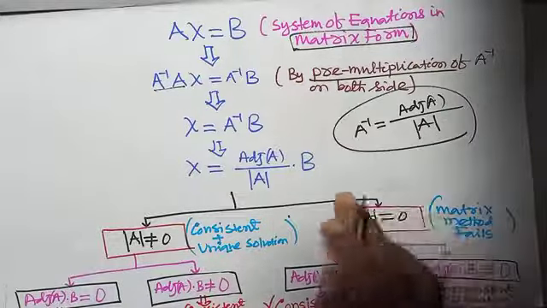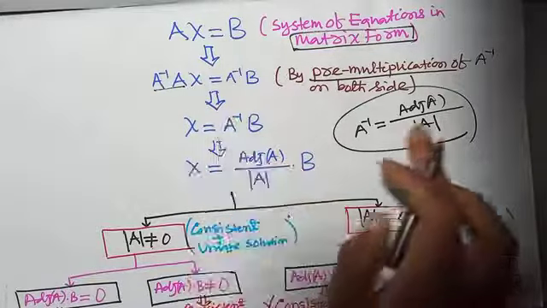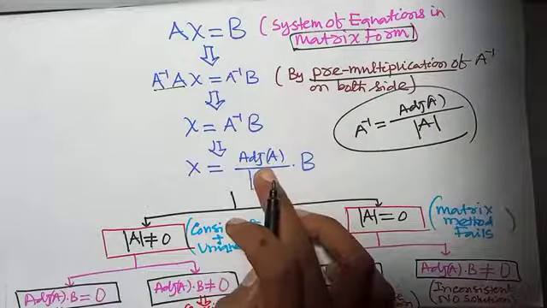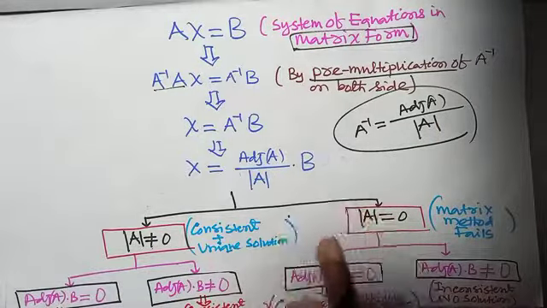So replacing A inverse, we get X equals adjoint of A upon determinant of A into the B matrix.